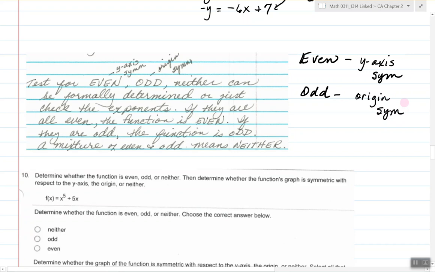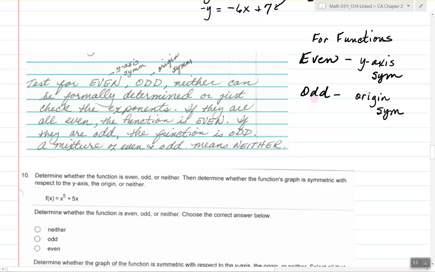There is no word to describe x-axis symmetry because these are words used only for functions. Now, we could test it, and if a function has y-axis symmetry, then we could say it's even. And if it has origin symmetry, we could say it's odd.